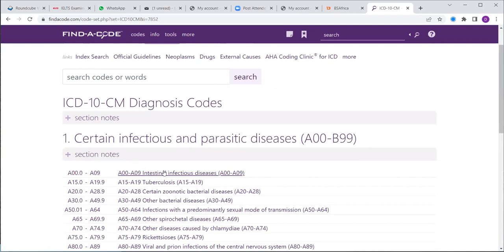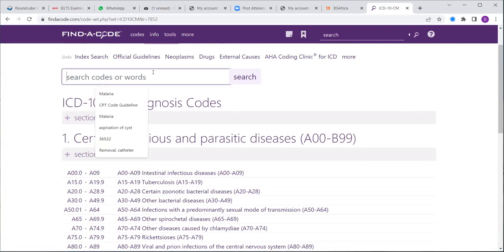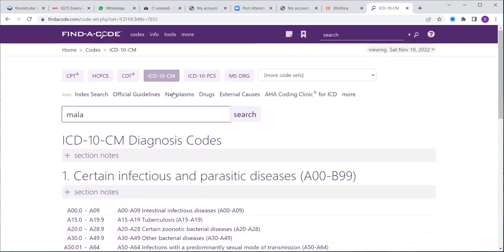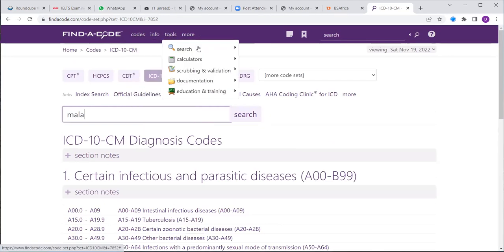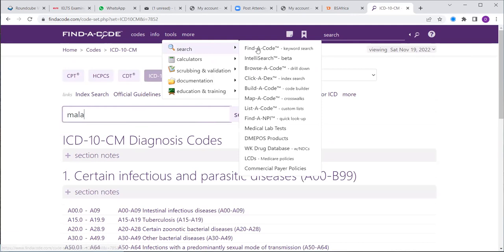Okay, I have two options. I can come here and type in malaria, but there's also a quicker way of doing it. One second, let me show you. You will do what we call an index search, and it takes you straight to the code for malaria.